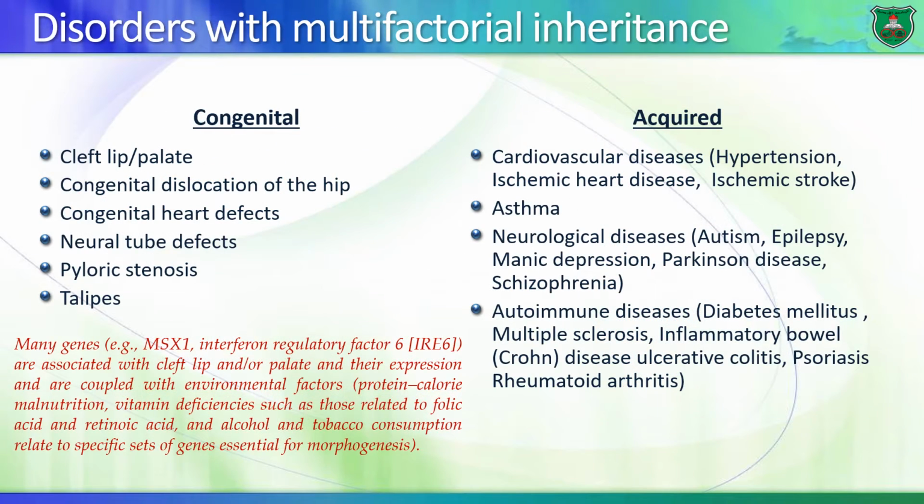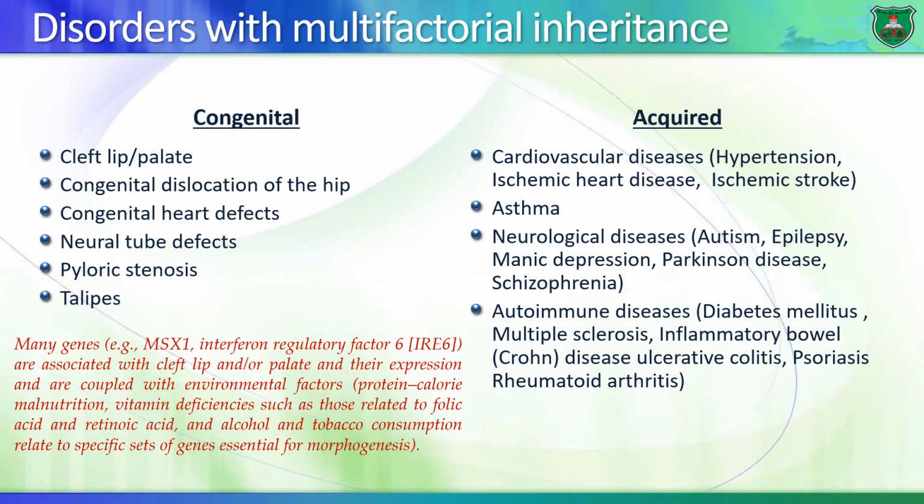Now, we can classify such disorders into two types. We have the congenital disorders, those that appear at birth, and they involve multiple genes, such as cleft lip and palate, the congenital dislocation of the hip, congenital heart defects, and so on.